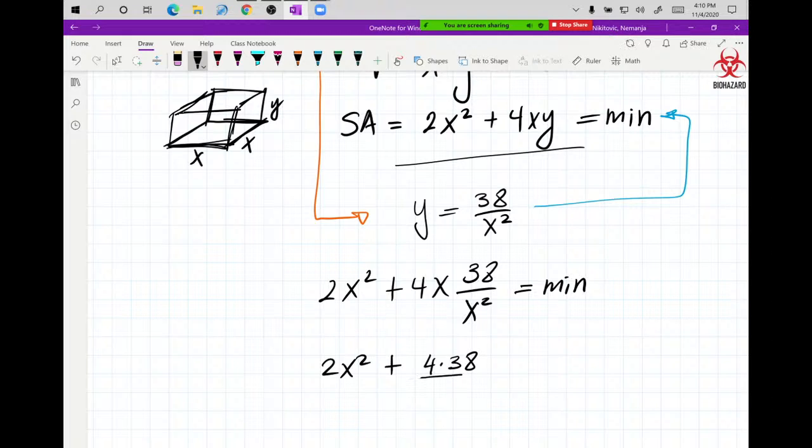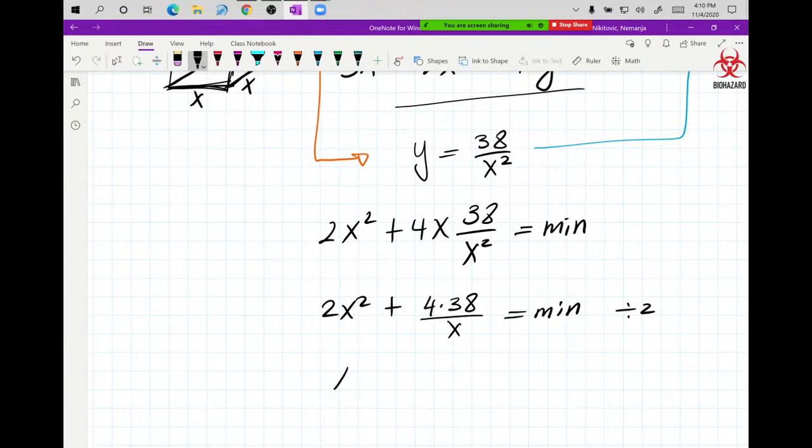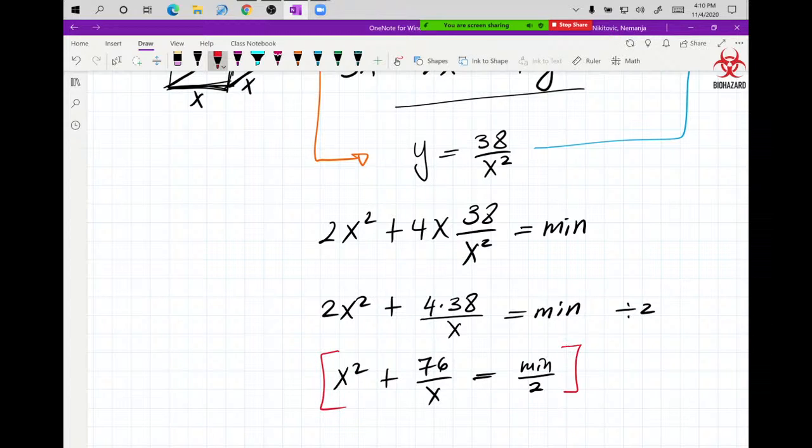And then one of these x's cancels. Now, guys, if I divide everywhere by 2, I'll have x squared plus 2 times 38, which is 76, over x equals minimum divided by 2, but who cares, when you take the derivative of it, it's going to be 0 anyway. So, whatever.